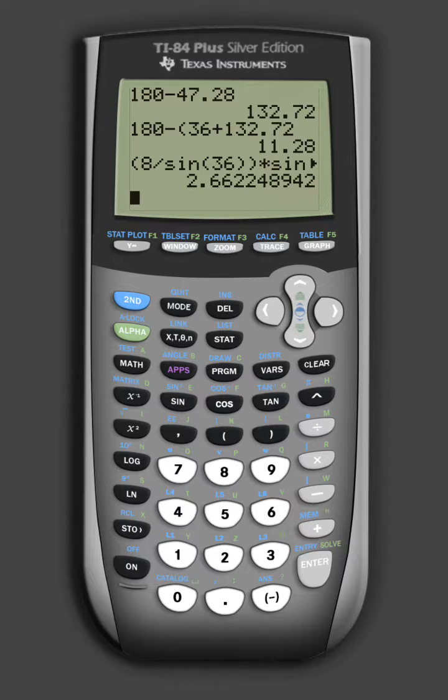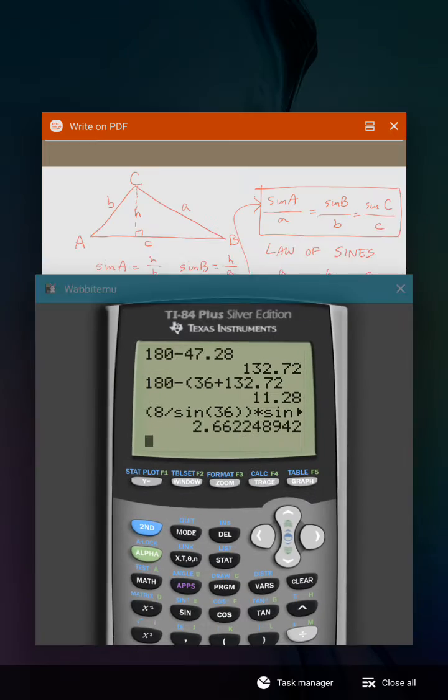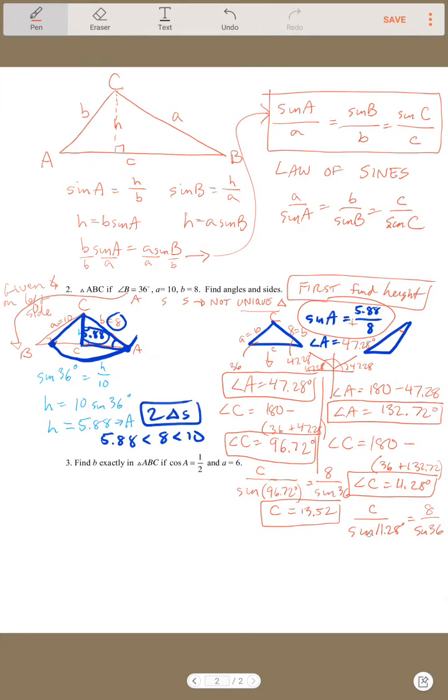And we get that side C is 2.66. And there we go. We have found our angles and sides of our two unique or different triangles. Okay, so that concludes number 2.